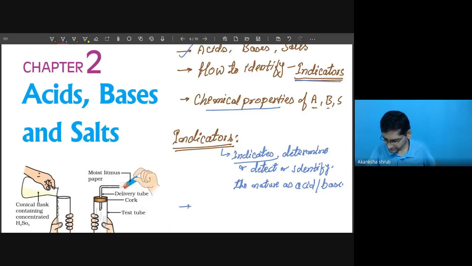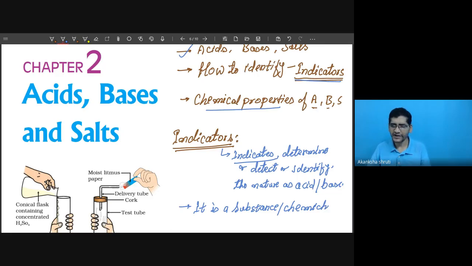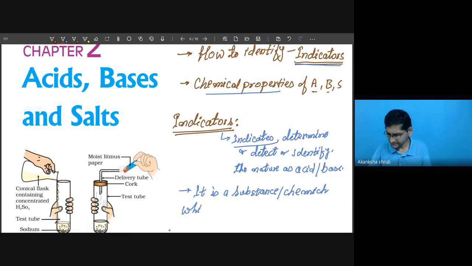Write down the definition: an indicator is a substance or chemical which helps in identifying the acid or base, which determines the given substance.